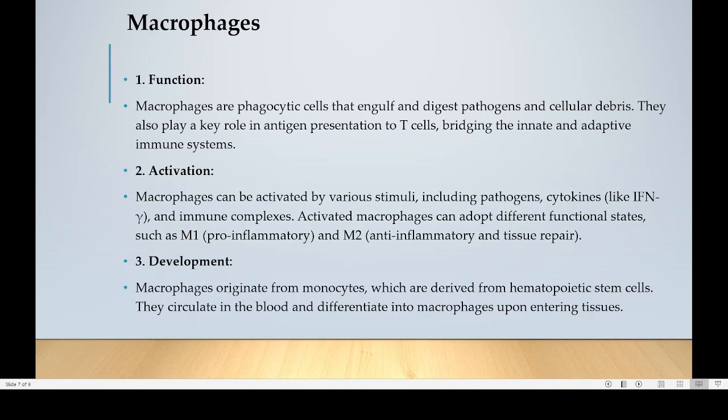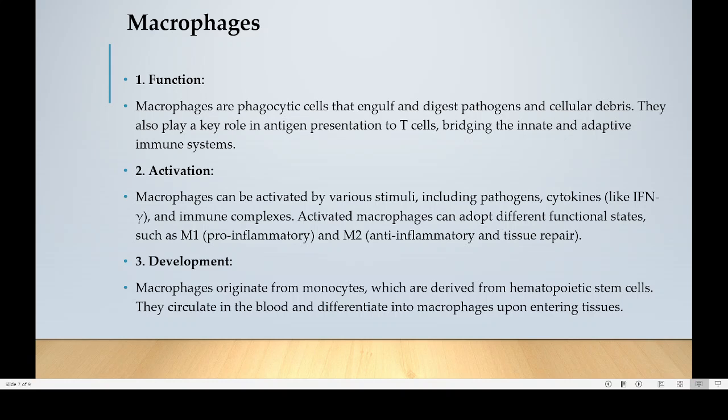See, this is one of the phagocytes, and these cells will be presenting the antigen before the T cell for its destruction. Such types of cells are known as antigen presenting cells. So that is one function of the macrophages.